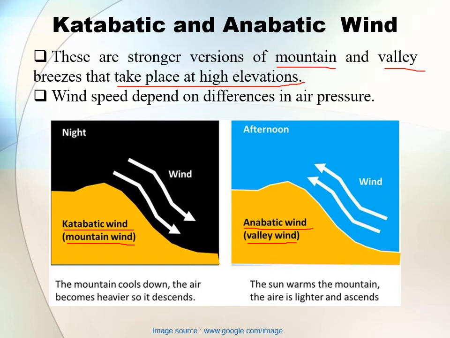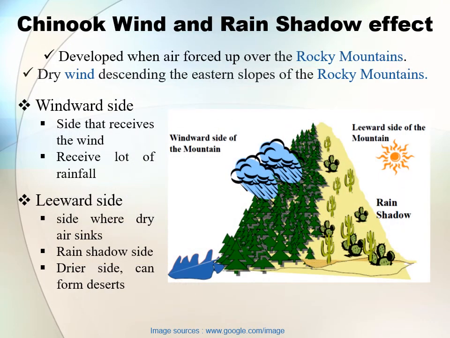The next type is known as Chinook winds. The name is mainly given for the North American landmass wind patterns found near the Rocky Mountains. This type of wind movement is generally found when the wind coming from the sea gets restricted by the western slope and goes upward.